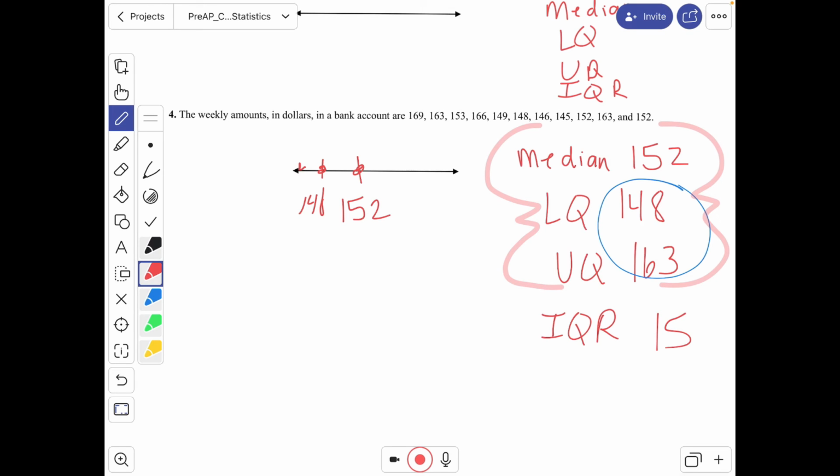I'm also going to need a dot at the lowest number, which looks like 145. And then we're going to need a dot at the upper quartile, which is 163, and a dot at the highest number, which is 169.